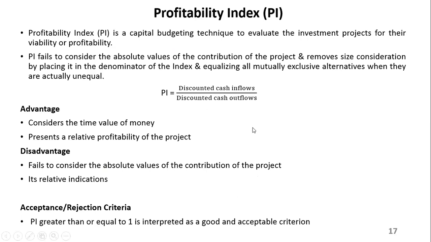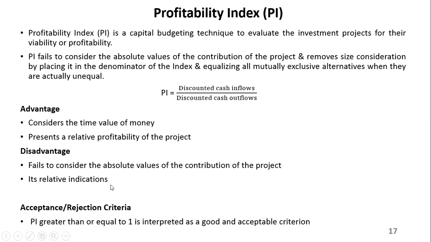In terms of monetary value, it does not give you the monetary value. If you remember, NPV is an exact amount. It gives you certain millions of Namibian dollars, a value itself. This one does not give you that. It just gives you a ratio. The other disadvantage is that it's just a relative indication.